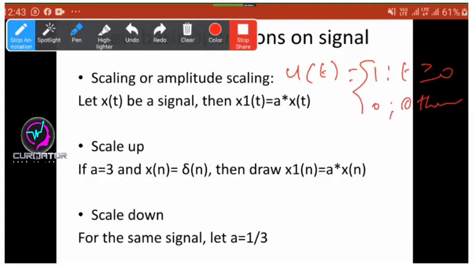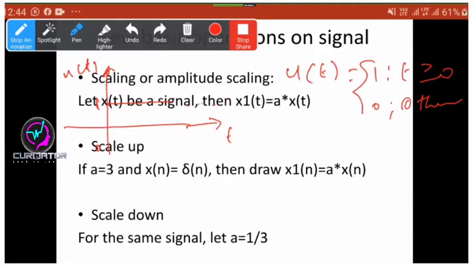Now let us consider its graph too. We already know how to plot the unit step signal. This is u of t. It will be 1 for all values of t greater than or equal to 0. So it will be plotted like this.